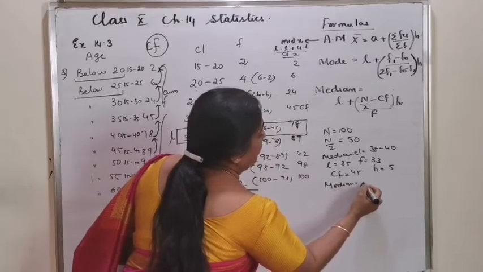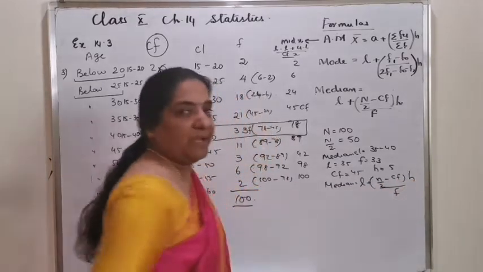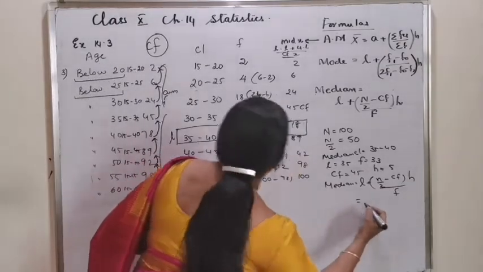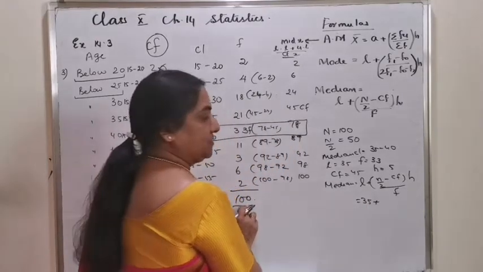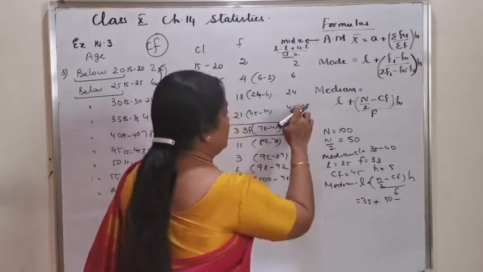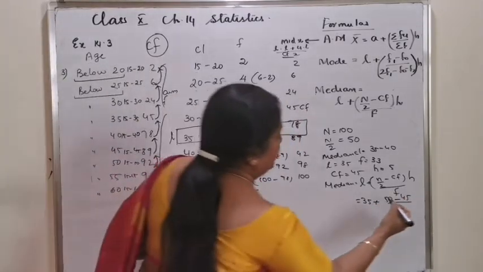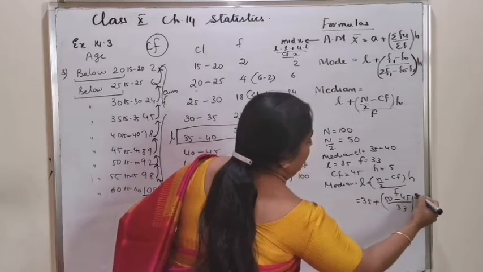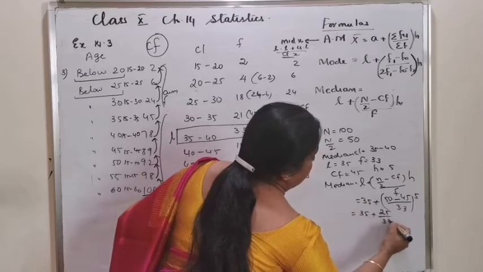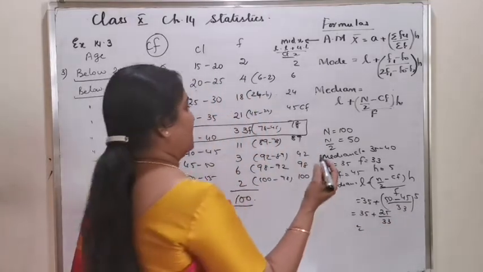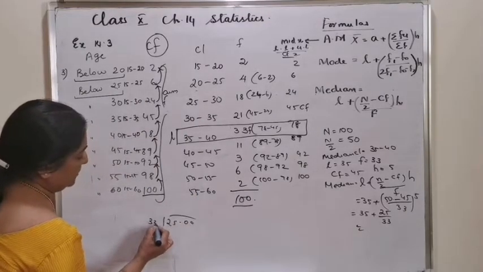Median is equal to L plus (N by 2 minus CF) by f into h. The lower limit is 35, so 35 plus (100 by 2, which is 50, minus 45) by frequency 33, into 5. That is 35 plus 5 fives are 25 by 33. It will be a decimal, so you can find approximately how much 25 by 33 is.